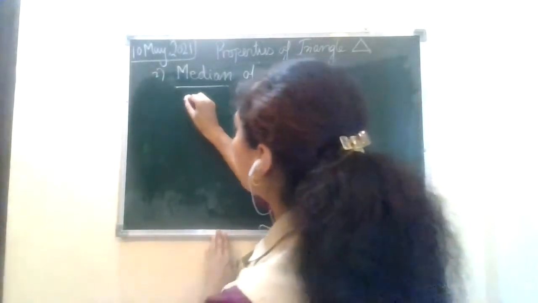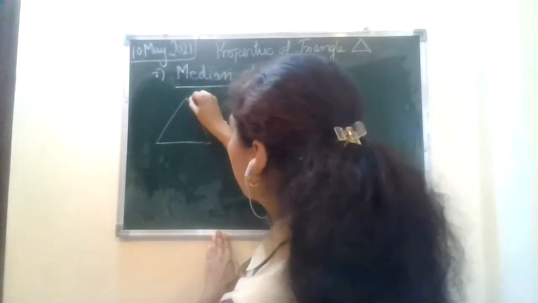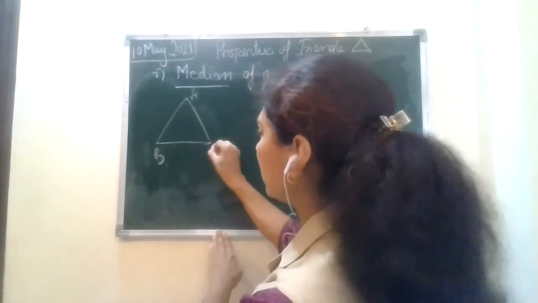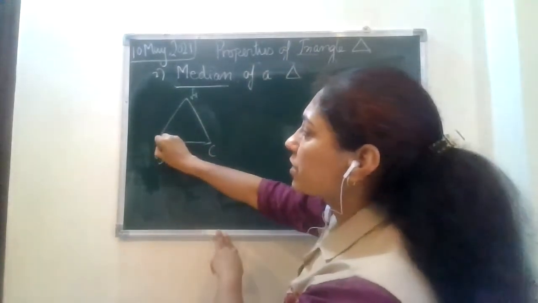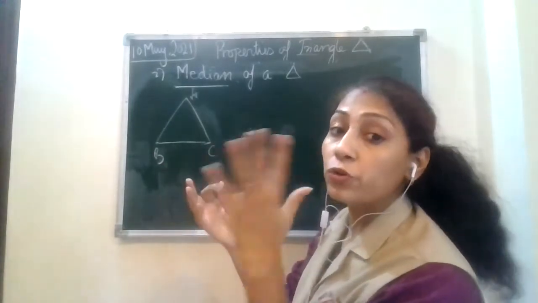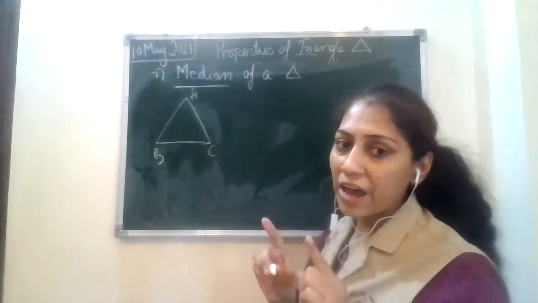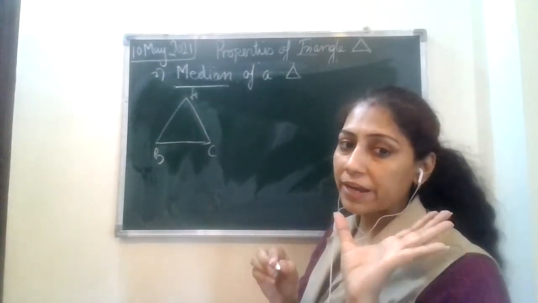Okay, if there is any triangle ABC I am drawing, any triangle randomly, from vertex A or from vertex B or from vertex C, any vertex or from all the three vertices, you draw a line segment. You know what is the meaning of line segment? A part of a line. एक छोटा सा part टुकड़ा एक line का बना लिया.